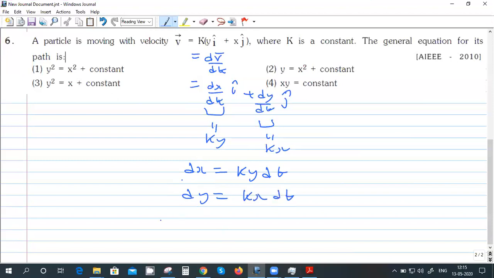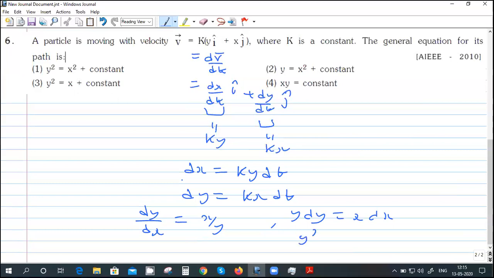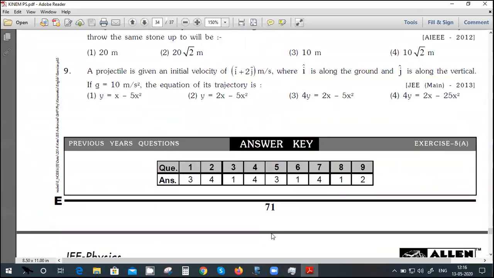Now if I divide these two, I get dy by dx as x by y. From this I get y dy equal to x dx. Now we have to integrate both sides. You get y square equal to x square plus c.